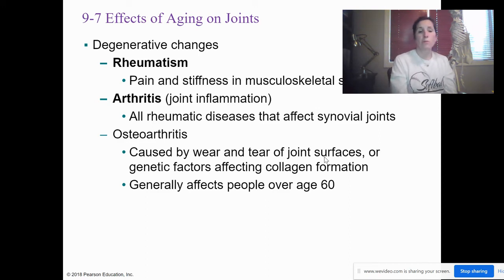This occurs in all rheumatic diseases that affect our synovial joints, which is what we've been talking about. And then generally, most people over the age of 60 have osteoarthritis. This is from wear and tear over time on your joints. The more active you are, maybe with your job, certain areas you might be more affected by as you get older. There's also genetic factors that affect collagen formation.